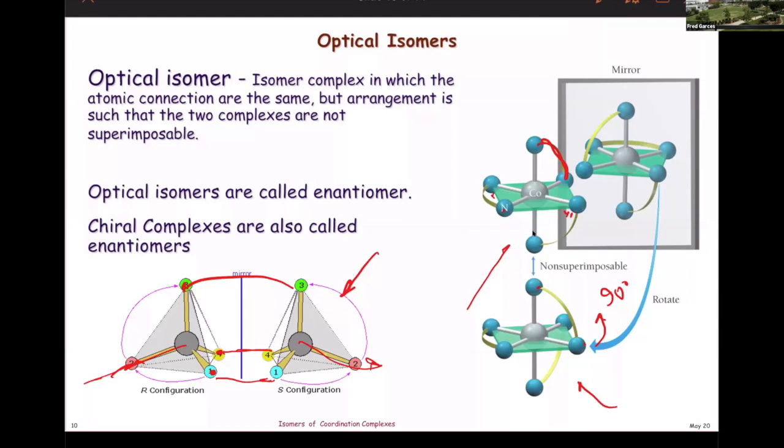But if you take this and bring it over here and try to superimpose them, what you find out is that one will be back here and four will be over here. The three and the two will be aligned, but the four and the one will not. Twist and turn as you may, you will never get them atom per atom superimposed.